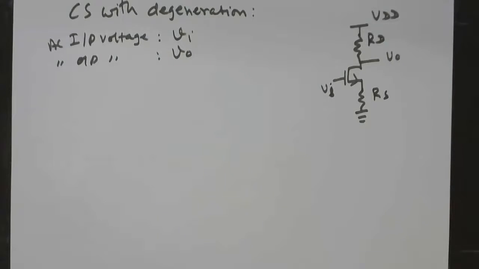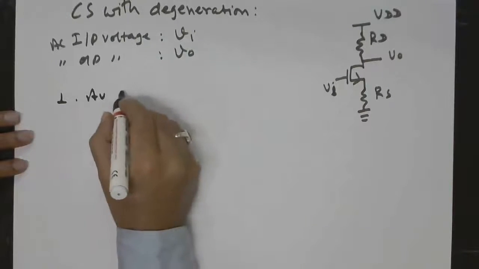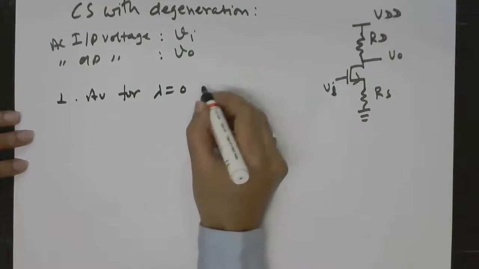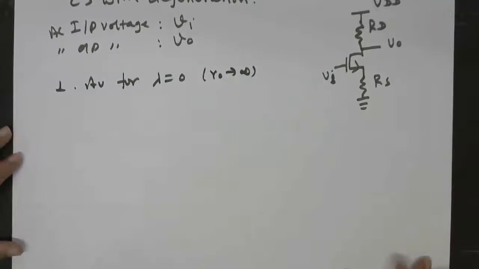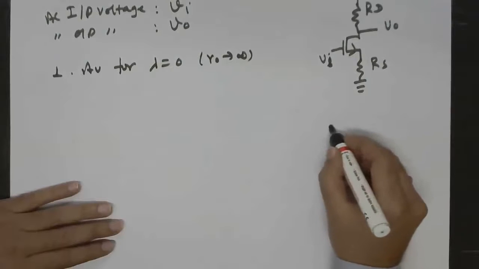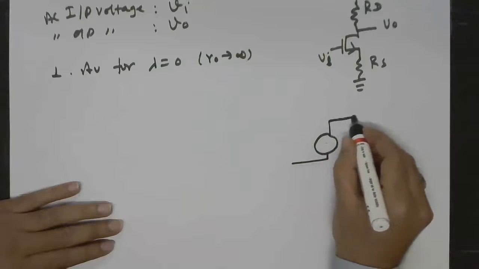So the circuit is now more involved compared with the previous cases. And here also we will start with the simplest model of the MOS. That means first we'll find out AV for no channel length modulation. That means infinite. So we substitute our MOS by the model.